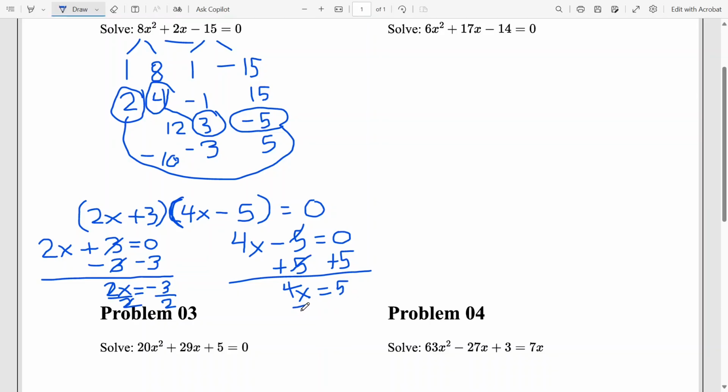I'll divide both sides by 4. And so I'll get x equals 5/4. So my two solutions here for this first one are x equals negative 3 halves and x equals 5/4.